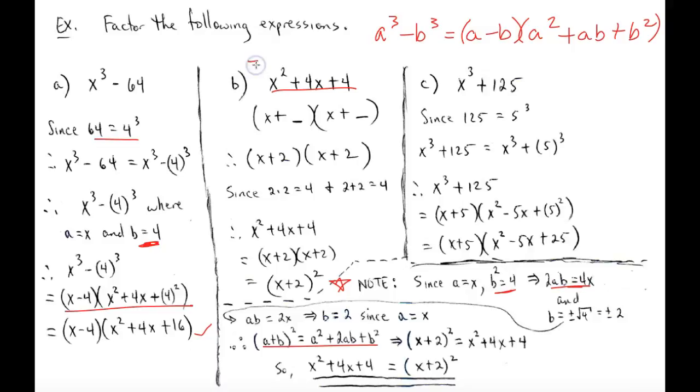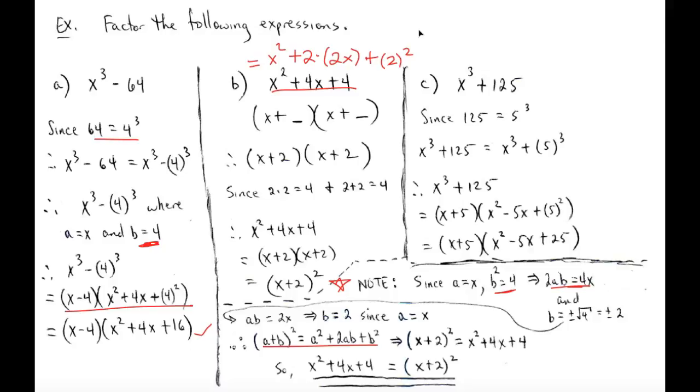So here this would be x squared plus 2 times 2x plus 2 squared. Okay, get rid of all that. And if you notice here, this sort of fits the profile.